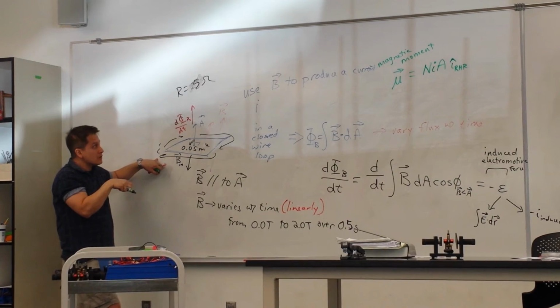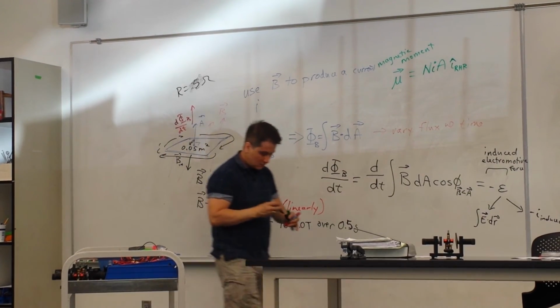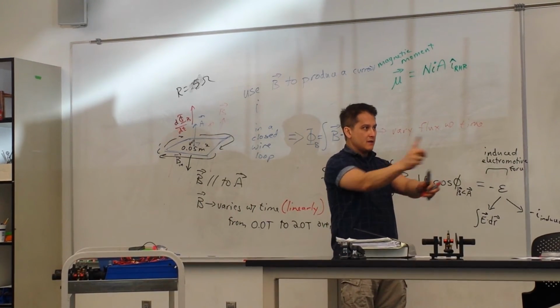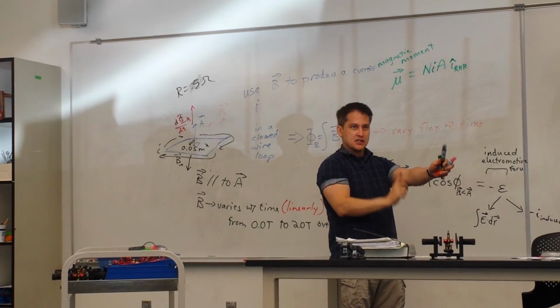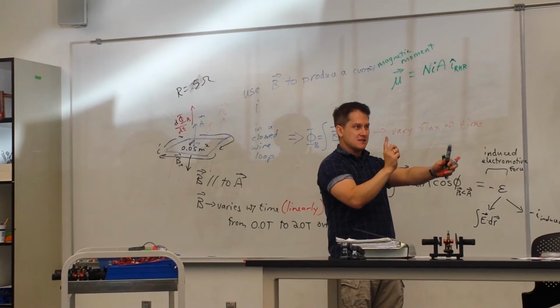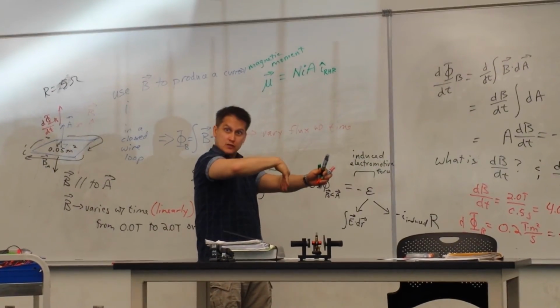So the induced current would be 0.04. But the direction would be this way, because the change in flux is upward, so it produces a downward current.